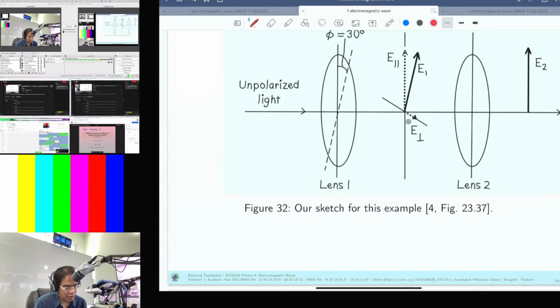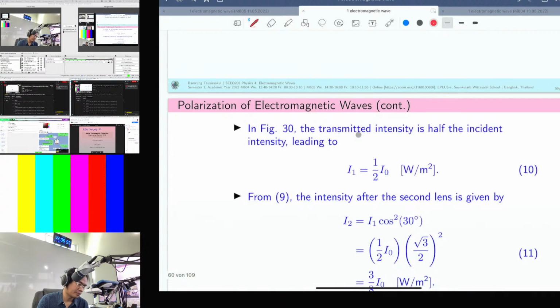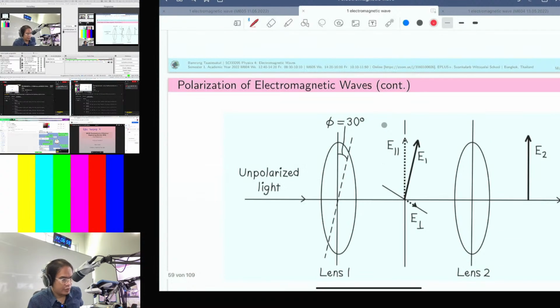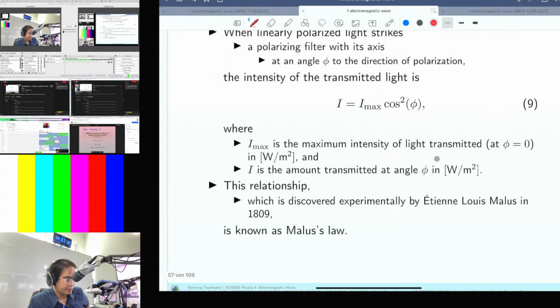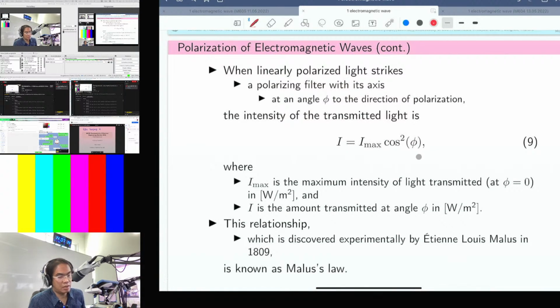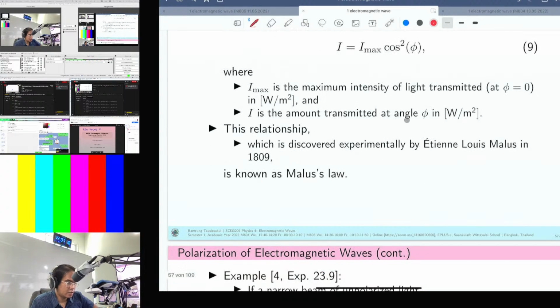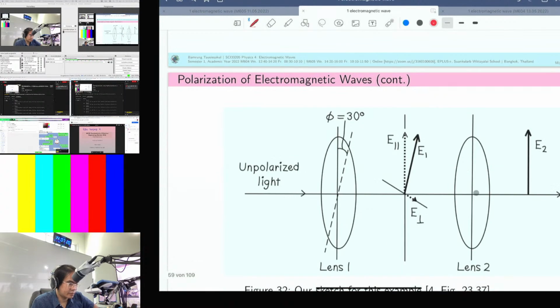That will be the result after the first lens. But you cannot say the intensity here will be half of this one because this is already the polarized light, and you have to use the Malus Law. It depends on the angle difference between the polarizing axis and the incident light.